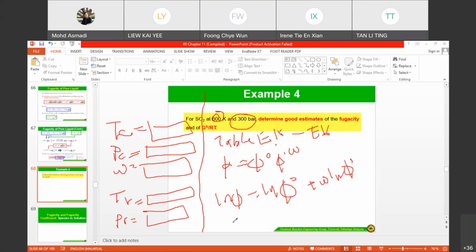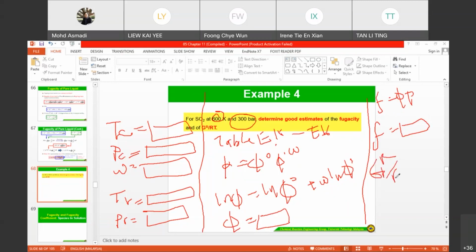Once you determine phi, F equals phi times P, so you can get F. Please calculate. And then GR over RT equals ln phi. So please determine GR. Okay, let's determine.